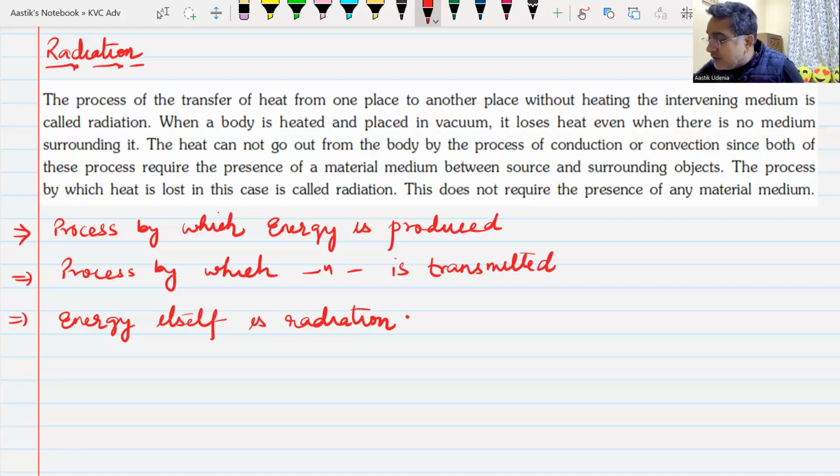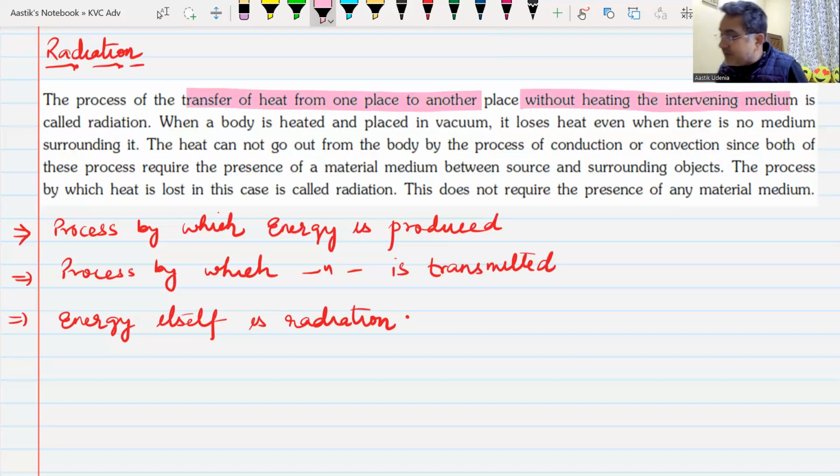The energy is transferred from one place to another without heating the intervening medium. This does not require the presence of any material medium. It will not heat any material medium. It does not require any material medium.